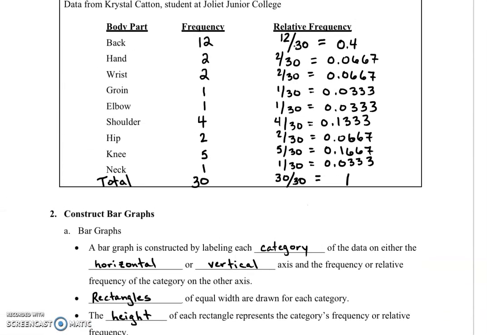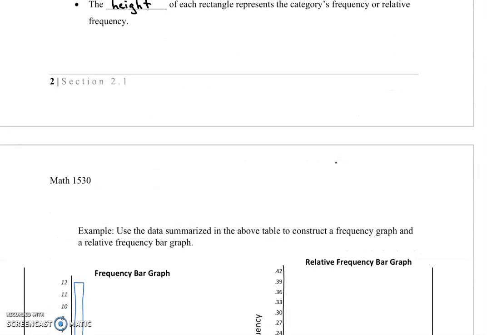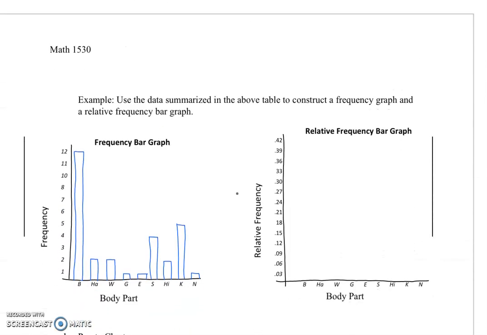So if we go back up and look, back has a relative frequency of 0.4. And 0.4 is somewhere a little bit above 0.39. So our back bar should go a little bit above 0.39.